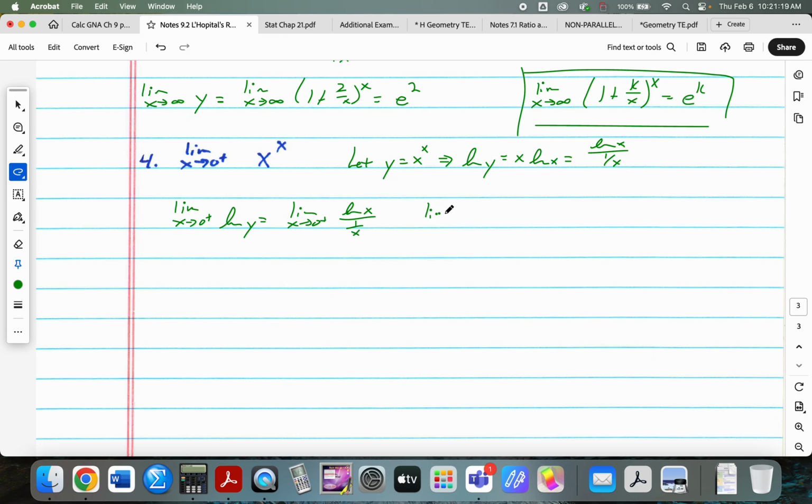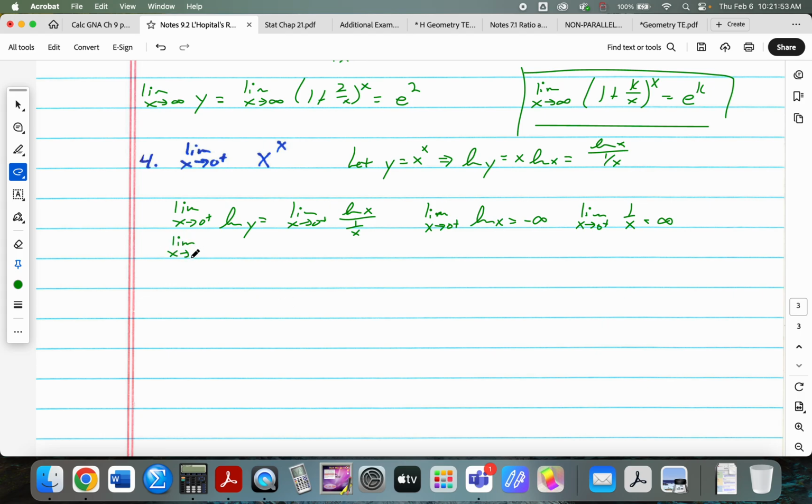Yeah, very good. And the limit as x approaches 0 from the right of 1 over x approaches infinity, right? So this lets us know we should have a negative answer. Unless it's 0, we should have something that's negative. So we'll apply L'Hopital's rule.